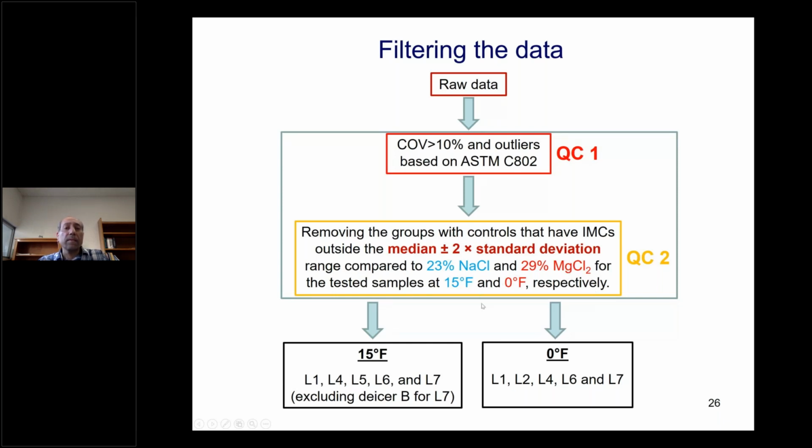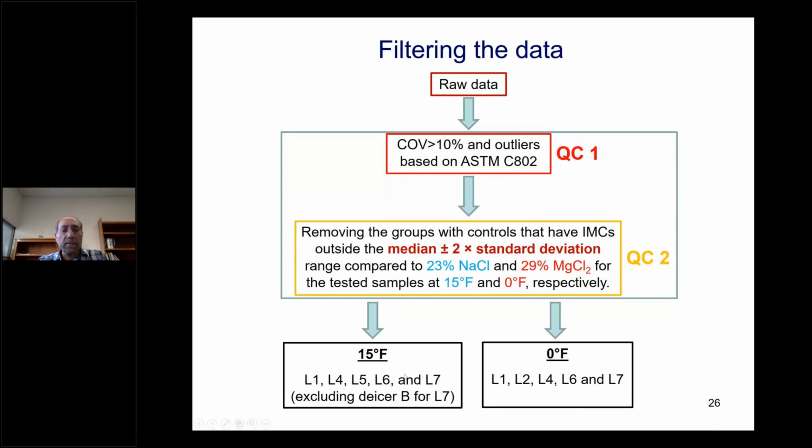Then we calculated the median plus or minus 2 times the standard deviation of ice melting capacities of these 2 deicers obtained by the groups, and we removed the groups with control ice melting capacities out of this range.